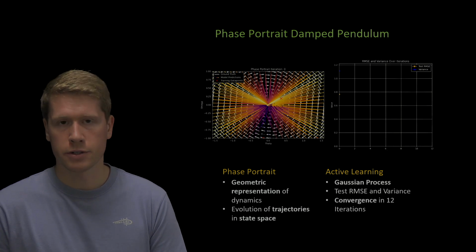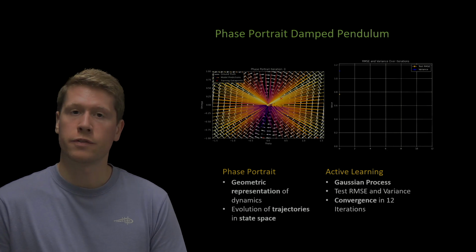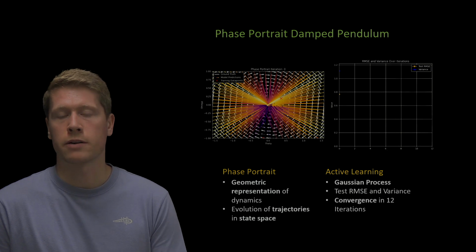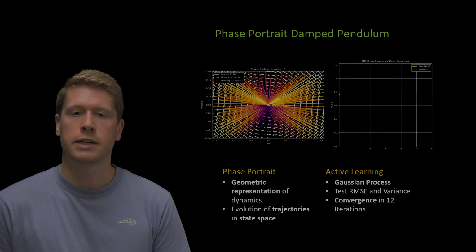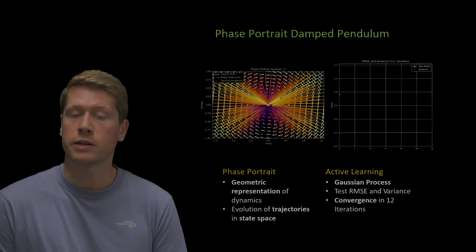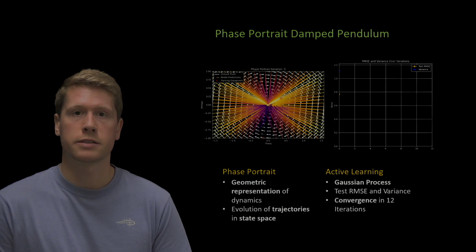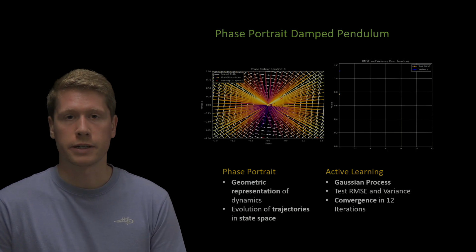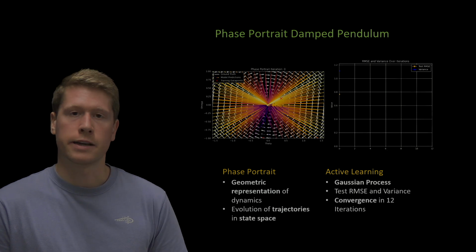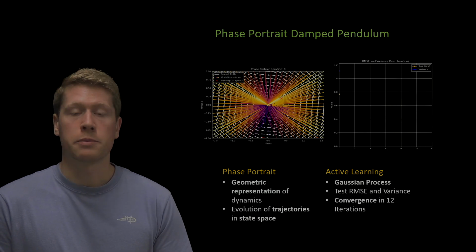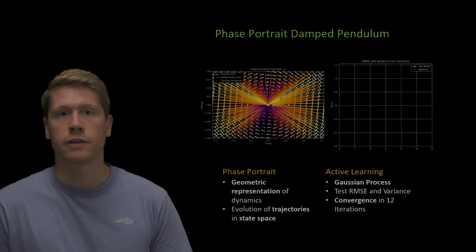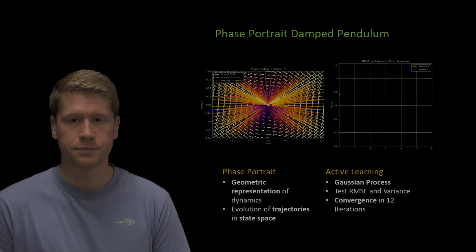The colorful arrows are the predictions of our model, and the white arrows in the back are the ground truth, and the red crosses are the training data points that our active learning algorithm selects. If our model is able to replicate this phase portrait, it should have learned the dynamics of the system.